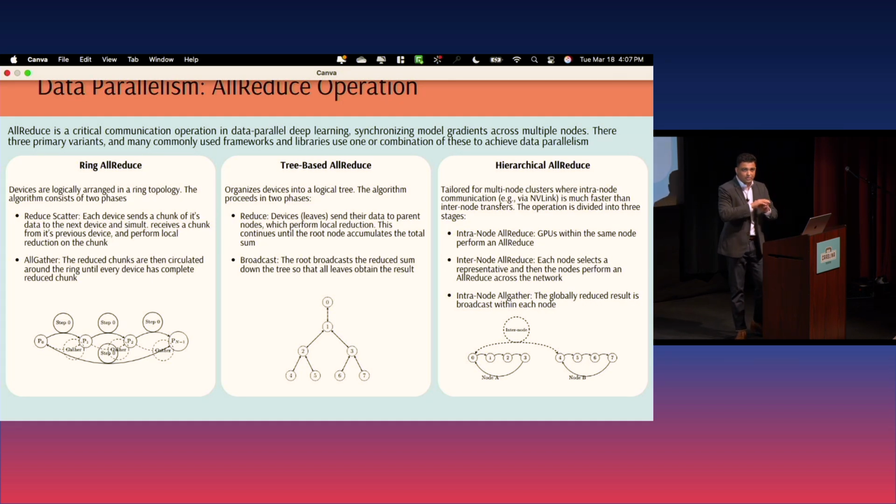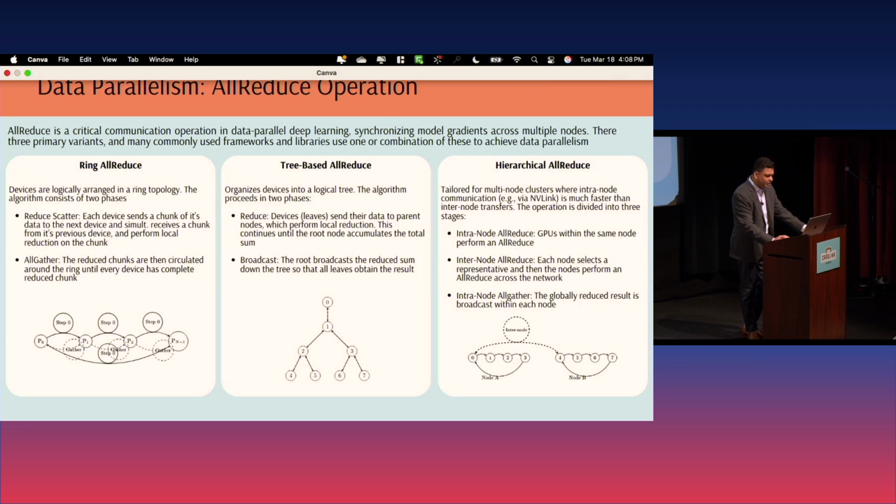And once all of the reduce operations are performed, what happens is an all-gather operation, where all of the reduced chunks from individual GPUs are collected and then circulated across the individual devices that you have. So the idea here is a sequential pass of data from one GPU to another, an all-reduce. Once all reduces are performed, you do an all-gather operation.